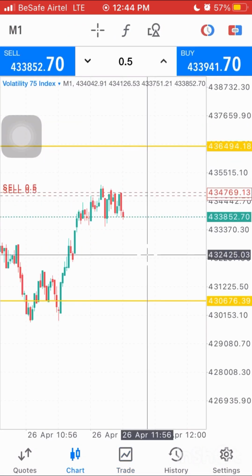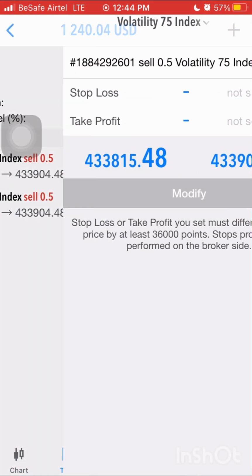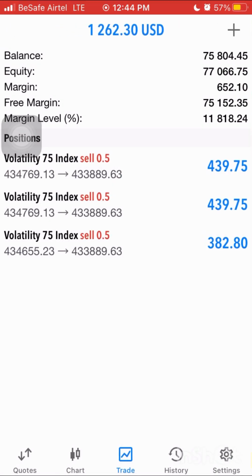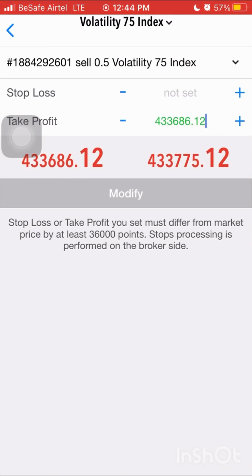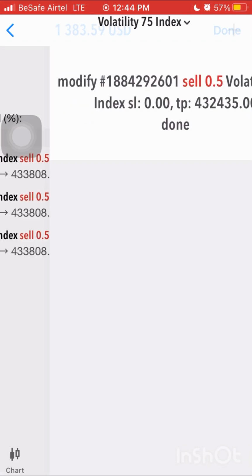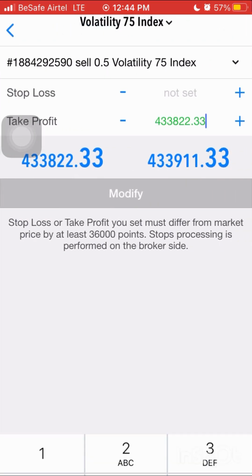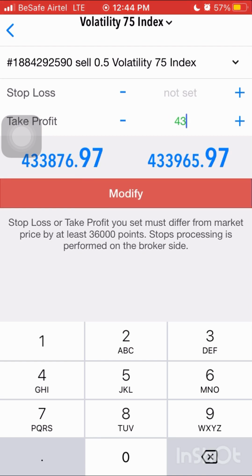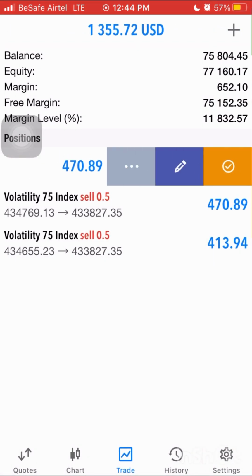So back to what's happening on my chart. I'm trying to set up my take profit positions, which is what I'm setting up right now. I'm going to be using a 432 435 position. You can see that I'm trading on the Volatility 75 Index.